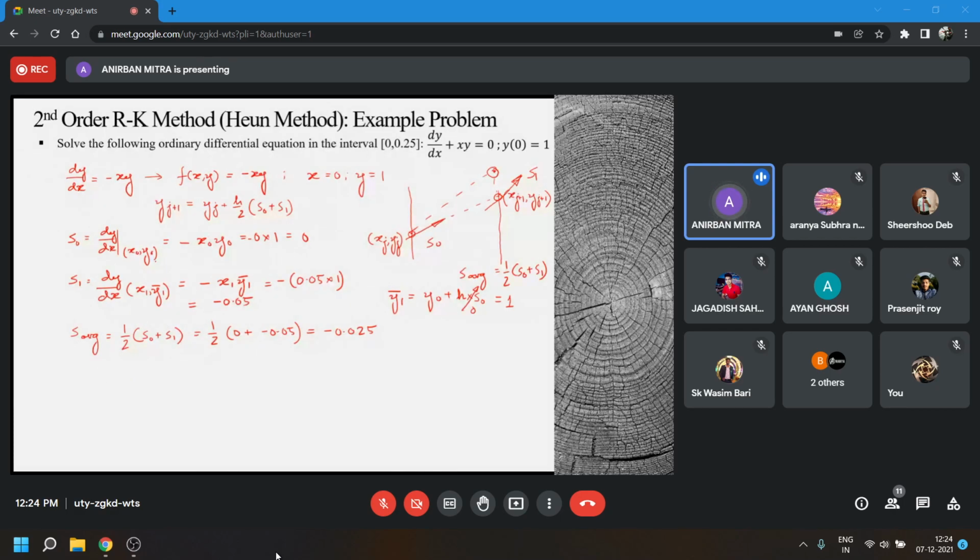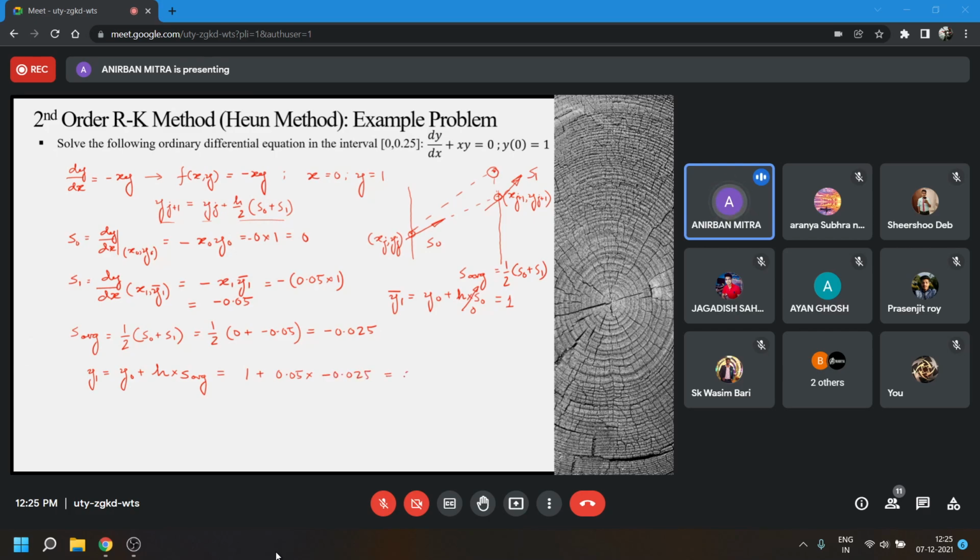So now we can use this formula. y1 would be equal to y0 plus h, step size, multiplied by the average slope. This is 1 plus 0.05 multiplied by minus 0.025.